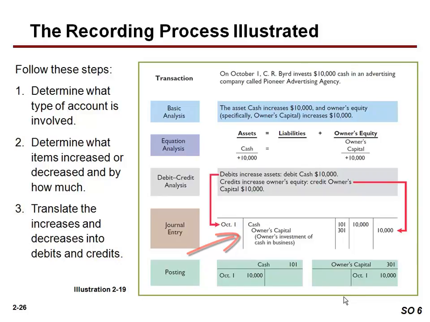The only thing missing from this illustration is the fact that the column debit and credit could have been labeled in this example. And then the entry from the journal is transferred to the ledger. Cash, $10,000 on the left-hand side, debit side, owner's capital, $10,000 credit entry to complete the recording of this transaction.